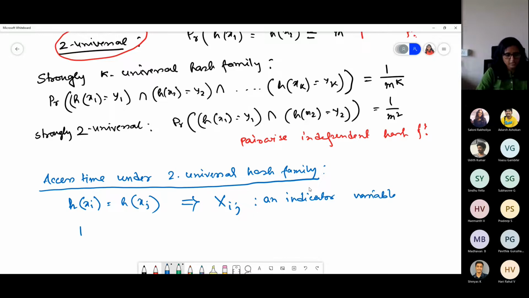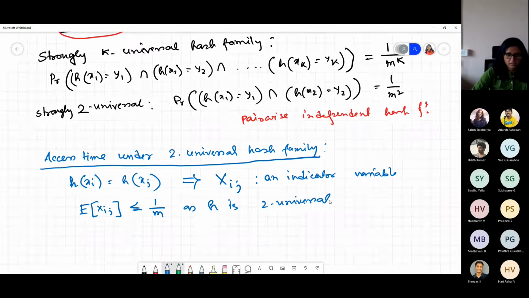So we have to calculate E of xij. E of xij is what? I am taking a two universal hash family. So E of xij is less than or equal to 1 by m, as h is two universal.